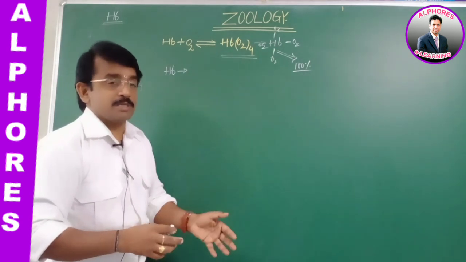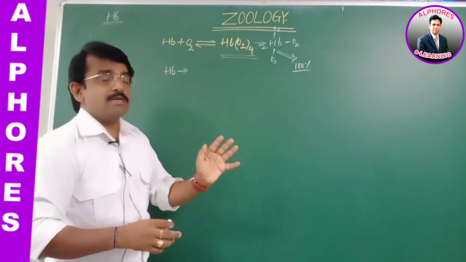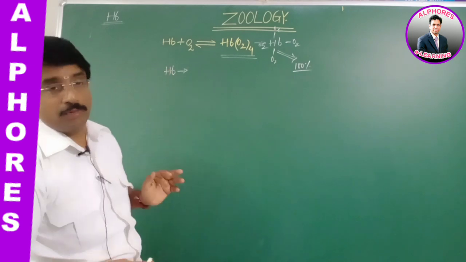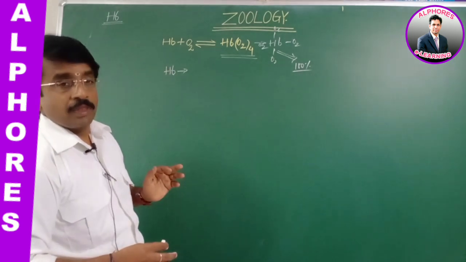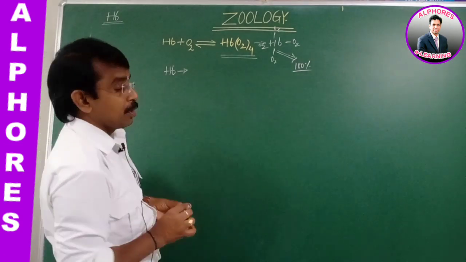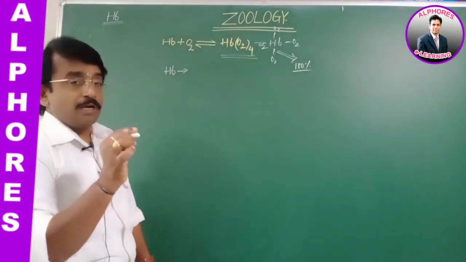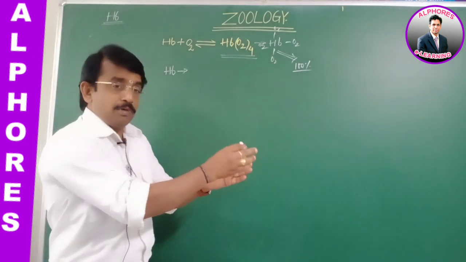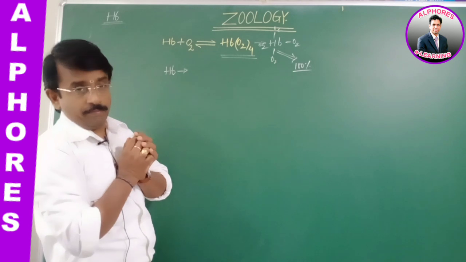In this connection, the red color of the blood is due to the RBC, and RBC have the respiratory pigment hemoglobin, whose presence in individuals varies from 12 to 18 grams per 100 ml.